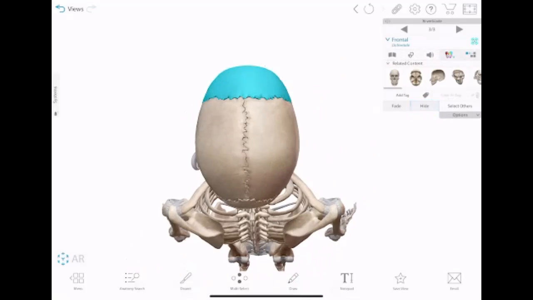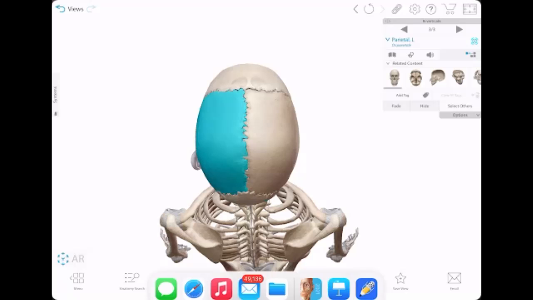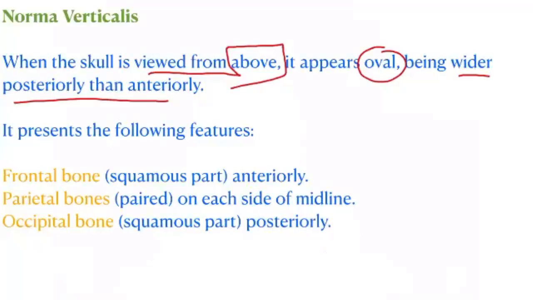We can see the frontal bone, we can see the parietal bones, and we can see the occipital bone, right? And we can also appreciate different sutures, right? The joints joining the different bones. So those are the different features.